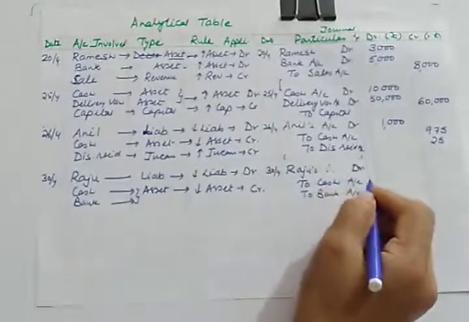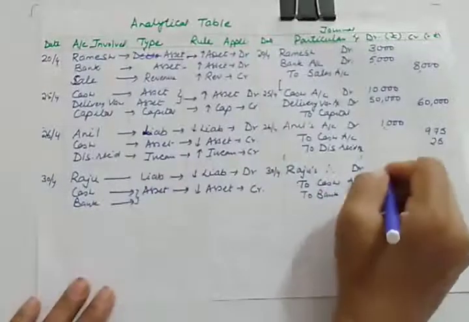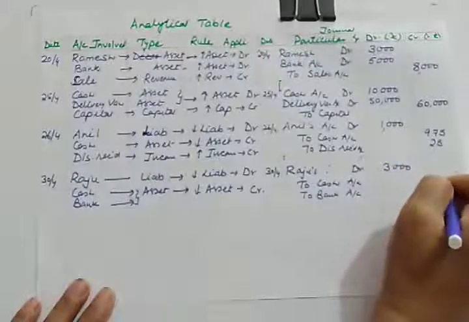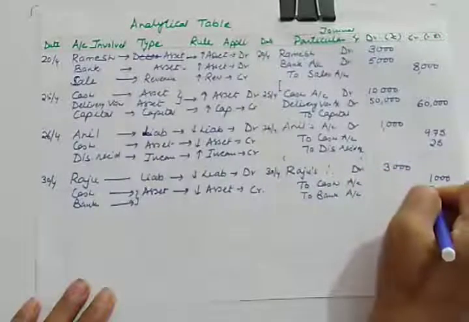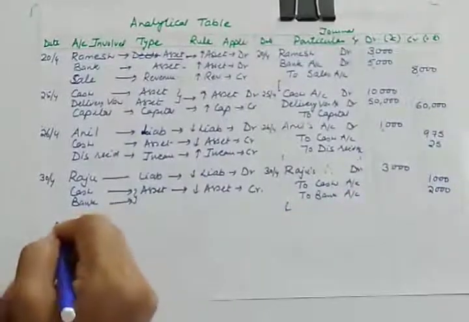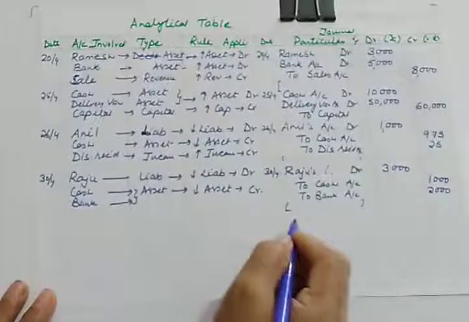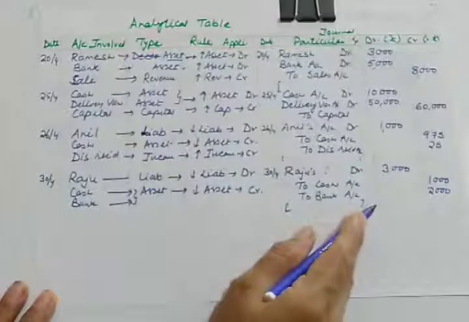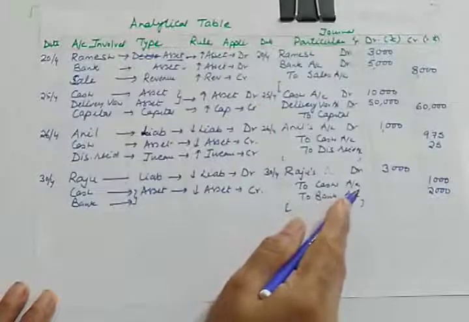How much in Raju's column? We'll be writing 3,000 here, 1,000 under cash and 2,000 under bank. And you can write the narration also. Now move to the next one. Narration will be being cash paid rupees 1000, bank 2000 to Raju.